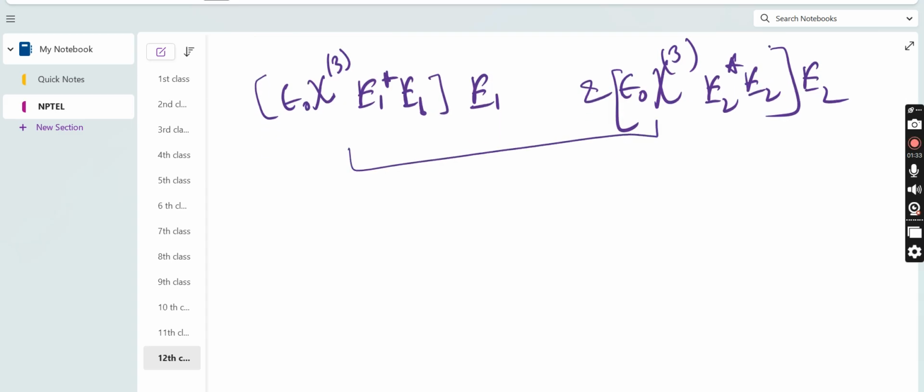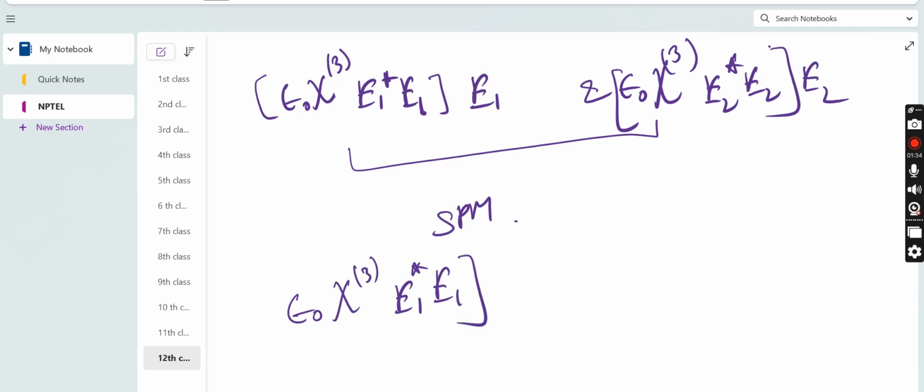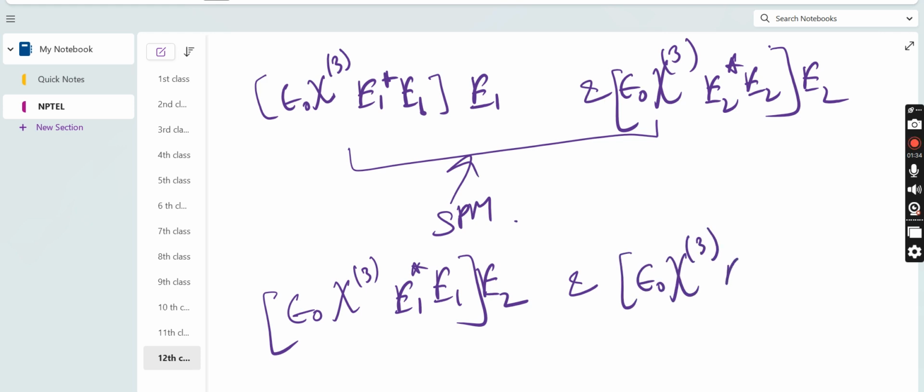These are self-phase modulated terms, and also we will get E1 star E1 into E2 and epsilon naught chi 3 E2 star E1 into E1.